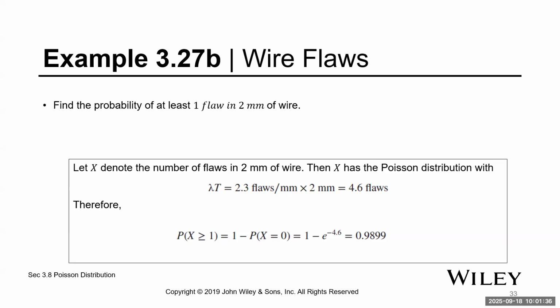And so my formula, when x is equal to 0, all of those terms drop out, the lambda t to the x over x factorial, all that stuff falls away. So the only thing that's left is e to the negative lambda t, or 1 minus e to the negative 4.6. So what's the probability of having at least one flaw? It's 1 minus the probability of having no flaws, or 0.9899.